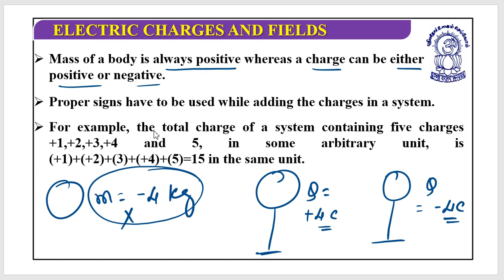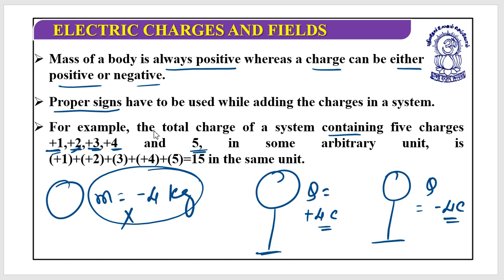So when we add these charges, we need to take the sign into consideration as well, which are positive and which are negative. Let us say, for example, a certain system has these charges: 1, 2, 3, 4, and 5 in some arbitrary units. Then the total charge of this system would be plus 1, plus 2, plus 3, plus 4, plus 5.